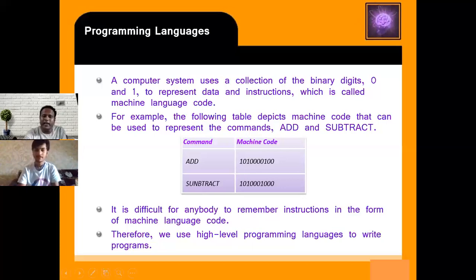Nobody can understand or remember these numbers. Suppose I give a task: add 20 and 30. If I tell you 210140100 with 20 and 30, how would you understand what I am saying?